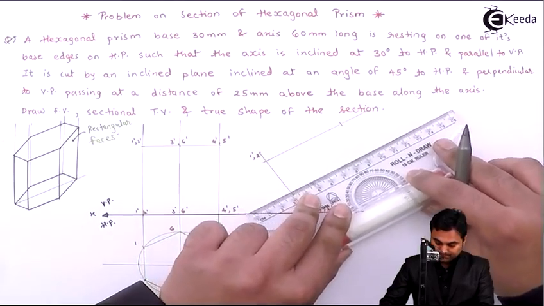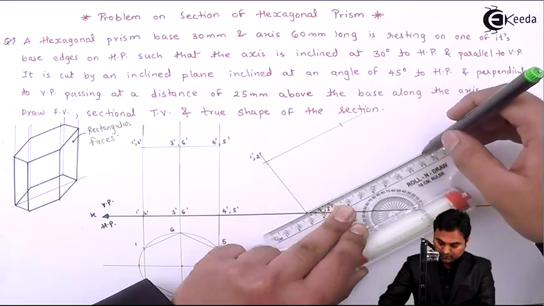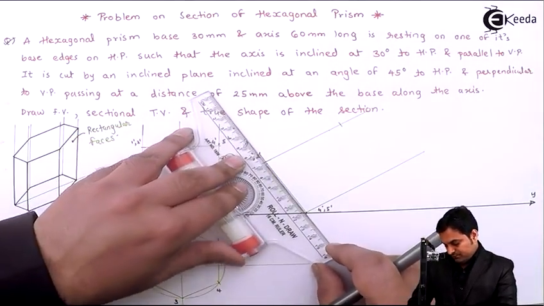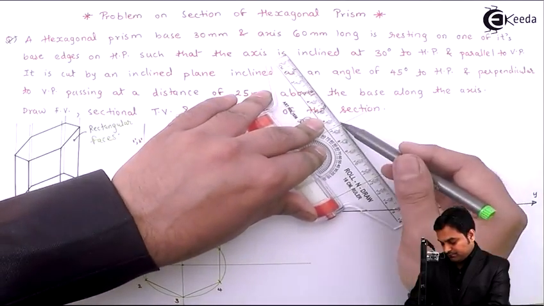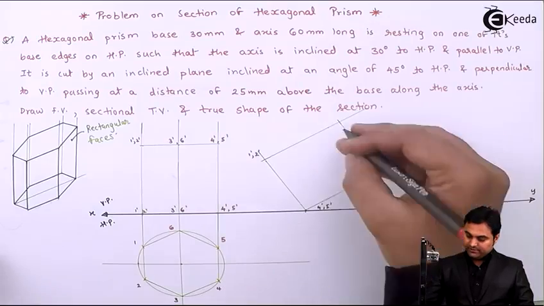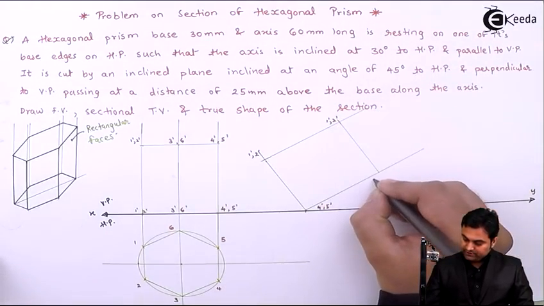Parallel to it, a light line. So here I'll get 1 dash, 2 dash, and this is again 4 dash, 5 dash.